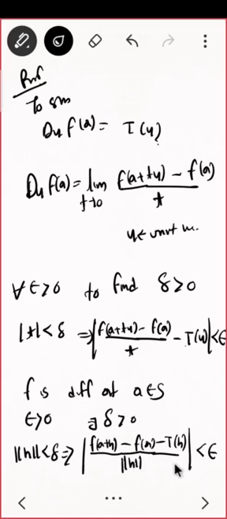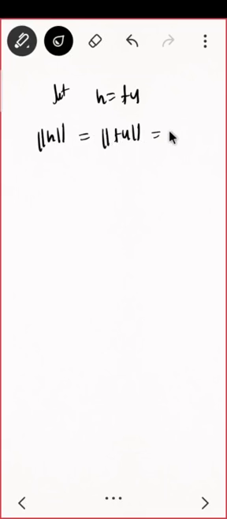Correct? Now try to see, here also there is something similar, but at the place of tu I am having h. So can I substitute? Let h equal to tu. If I put h equal to tu, where t is any real number, then what will be norm h? Norm h will be the same as norm of tu. That means it will be mod t, t being a real number.